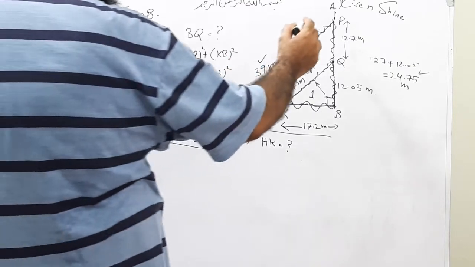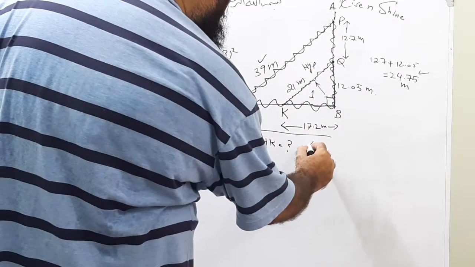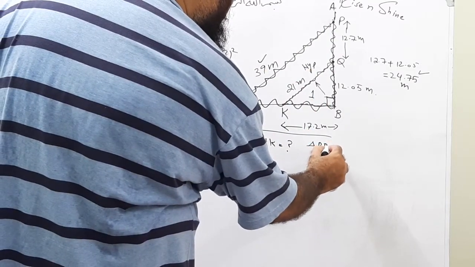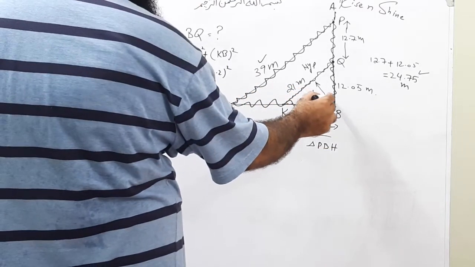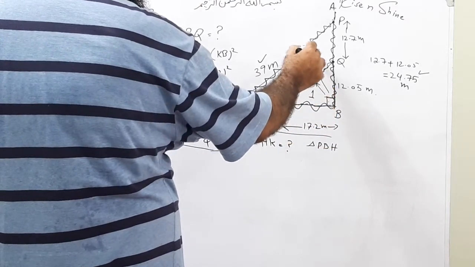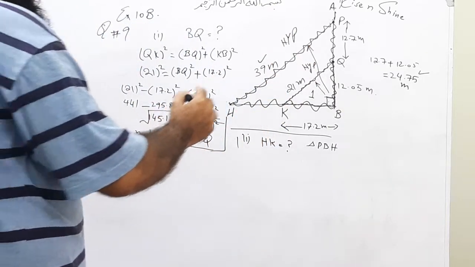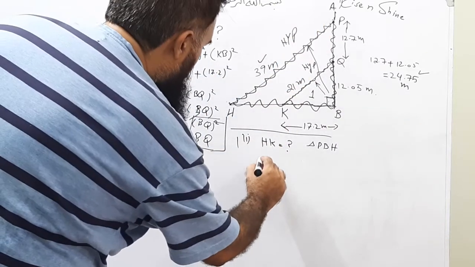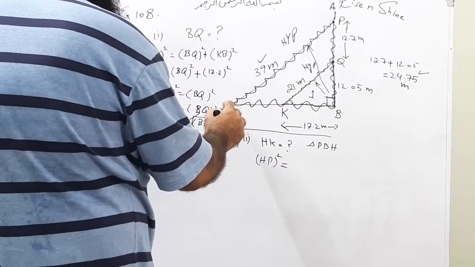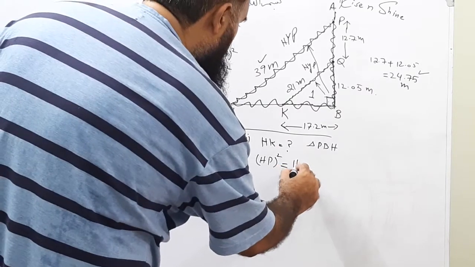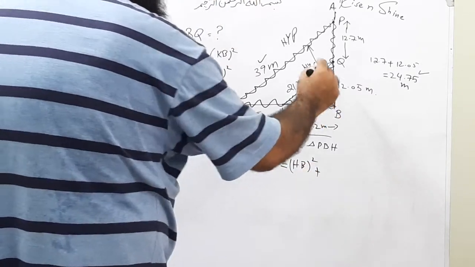So now we'll follow this theme and try to find the solution HK. For this triangle PBH, we need to apply Pythagoras theorem. This is 90 degrees, so this will be the hypotenuse for this triangle. So we'll be applying the Pythagoras theorem, HP square is equal to HB square plus BP square.